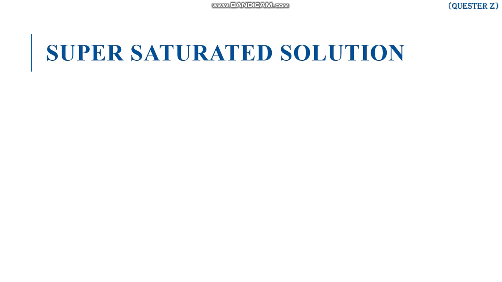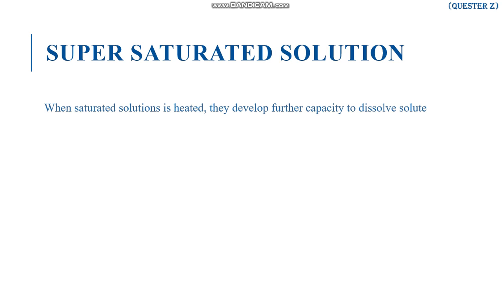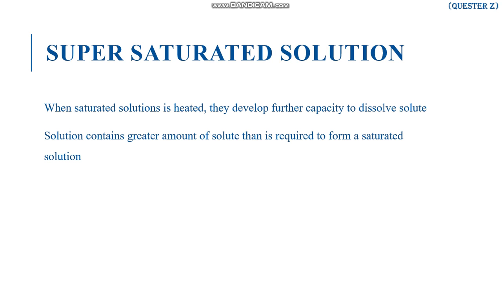Now, what are supersaturated solutions? These are the super solutions. And again, we have used the term saturated. It means they are made after preparing a saturated solution. When saturated solutions are heated, they develop further capacity to dissolve solute. Why do they dissolve more solute than the saturated solution upon heating?